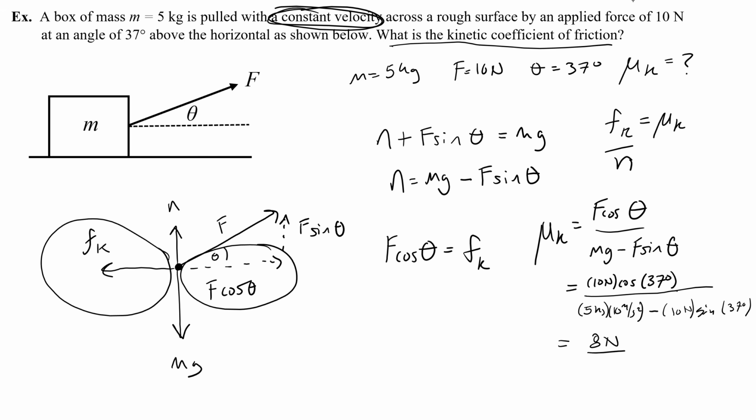I'll put that on top. And 5 times 10 is 50, minus 10 times sine of 37 is going to give me 44. Okay, so the coefficient of friction is 8 over 44. The newtons cancel out, and this gives me 0.18. So that's how we find the coefficient of friction in this problem.